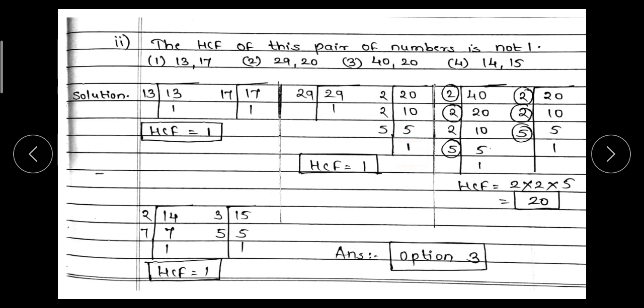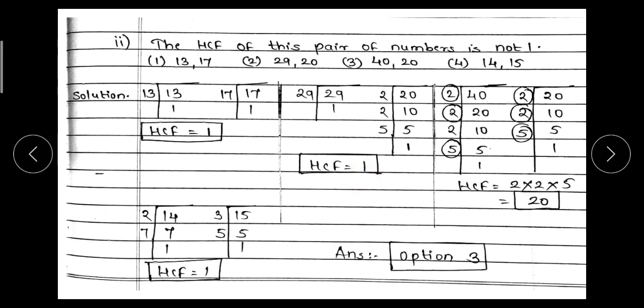Okay. Now take out the common numbers between these. Can you see any common number in this? No, there is no common number. So the HCF of 29 and 20 is 1. Here also we have got HCF 1.